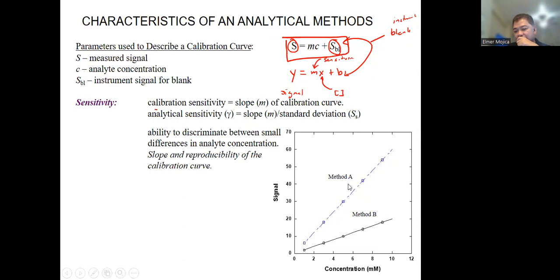So here, method A, we could say is more sensitive than method B. And you can have sometimes matrix effect. So, pwedeng ang example dito, ito yung heavy metal in pure water, or we could say tap water. Tapos ito naman yung heavy metal in a more complicated water like environmental water. So you have a matrix effect.